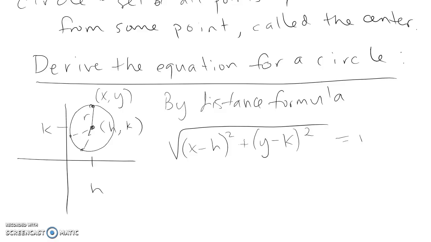Well, the distance between those 2 points for us is r. Now if I square both sides of this, I get (x minus h) squared plus (y minus k) squared equals r squared. And that is what we call the standard equation for a circle.